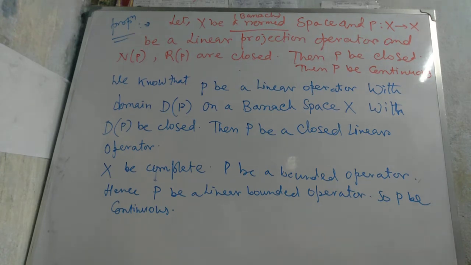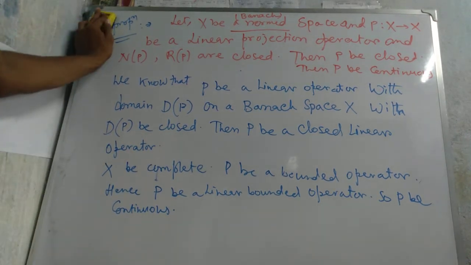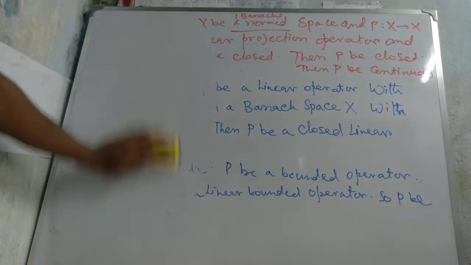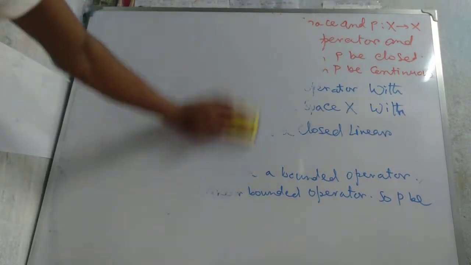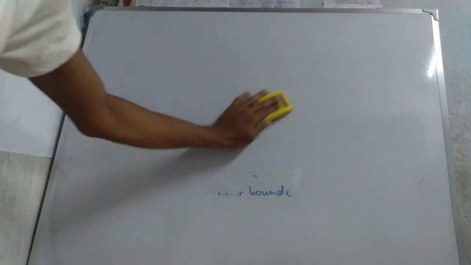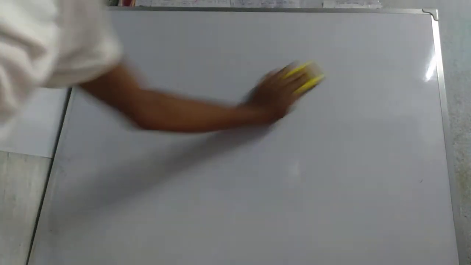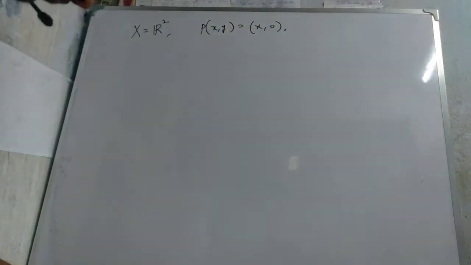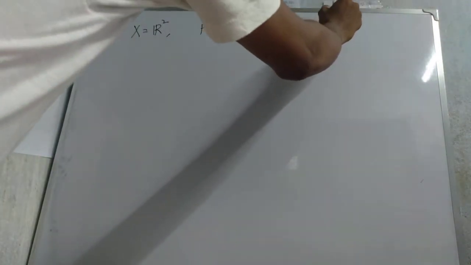Understand? Next we discuss another example of a projection operator. Let X equal R square and P(x, y) equal (x, 0) for all (x, y) belongs to R square.